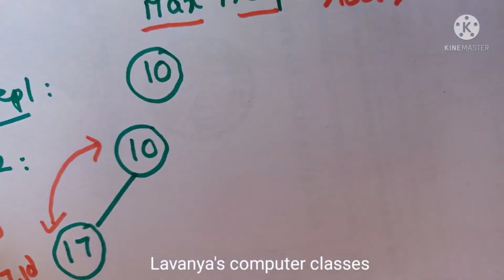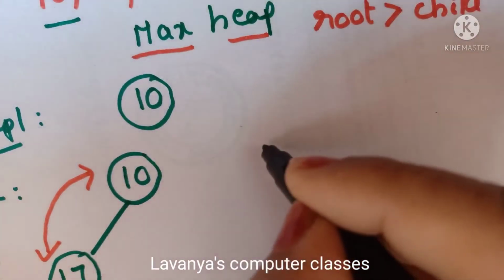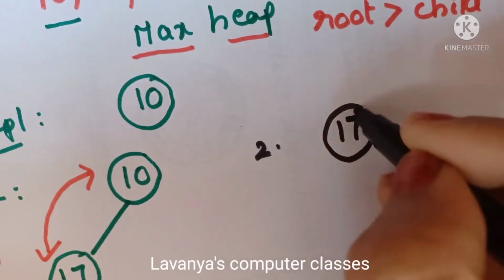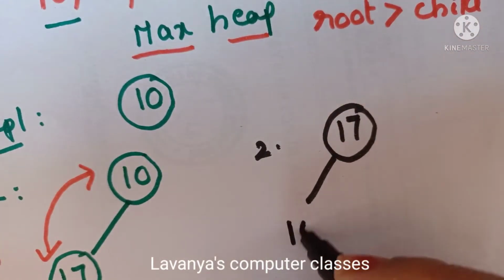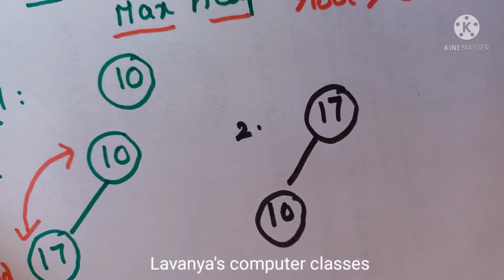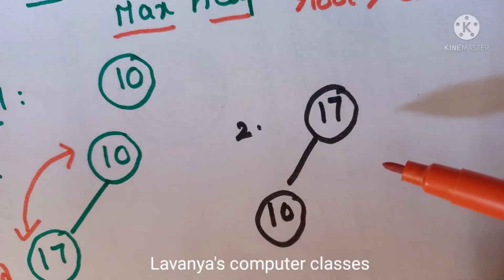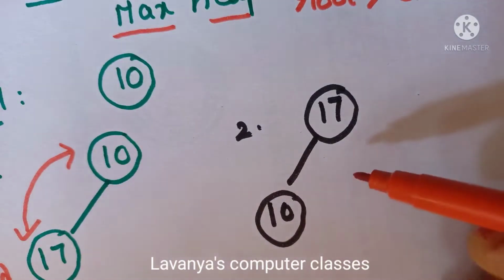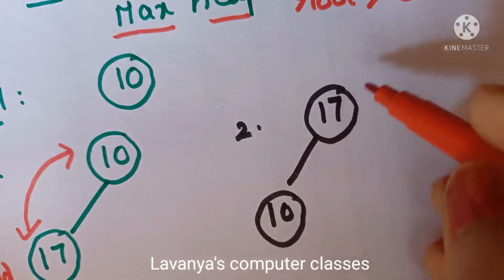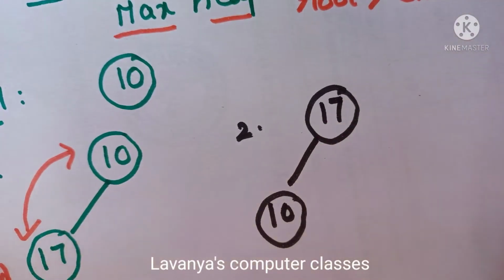After swapping, 17 is the root node and 10 is its left child. Now again check the max heap property. Here 17 is the root and 10 is the child, so the root is greater than its children. It satisfies the max heap property.